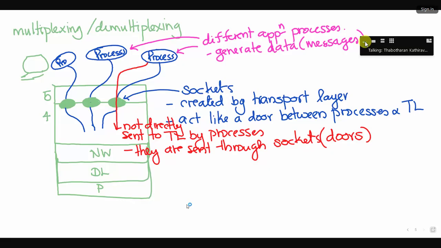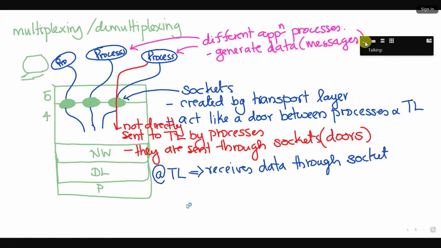And the transport layer receives data through sockets, and then it creates segments with information about the sockets for different applications.